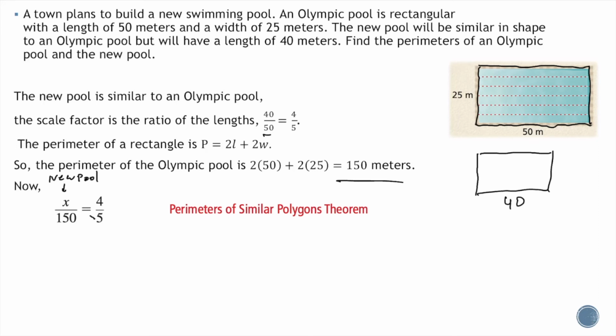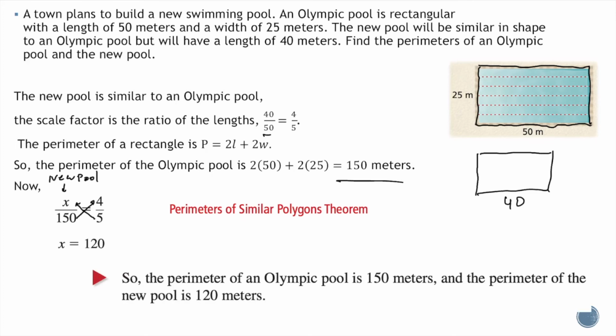Again, I'm going to cross multiply to get that x is equal to 120. So that means that the perimeter of the Olympic pool is 150 meters and the perimeter of the new pool is 120 meters. This saves us a lot more time than applying the scale factor to both sides and then manually calculating the perimeter.